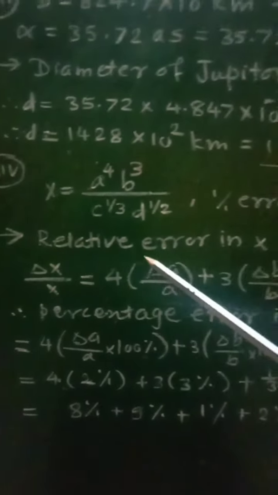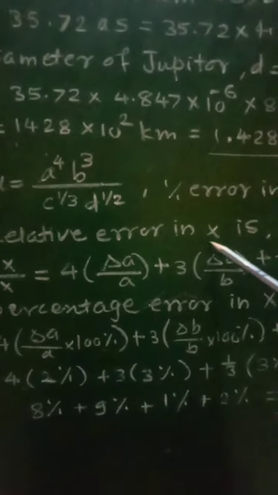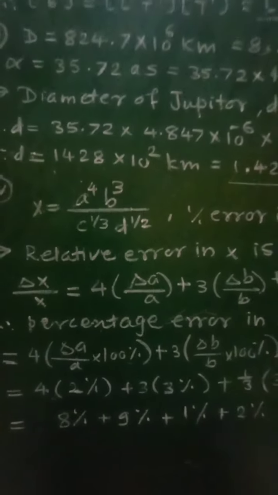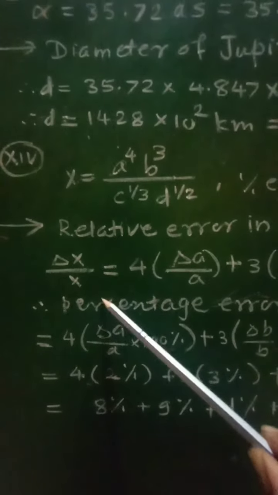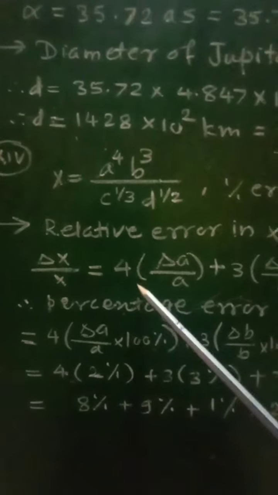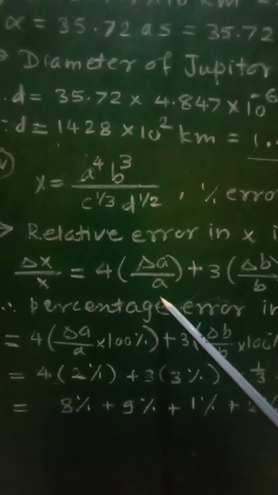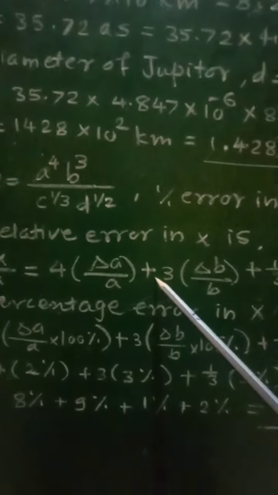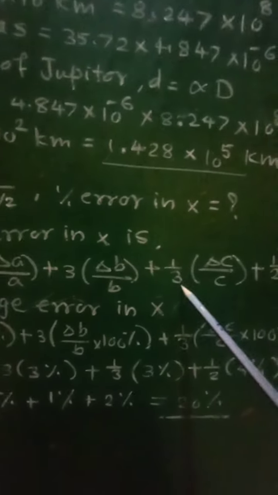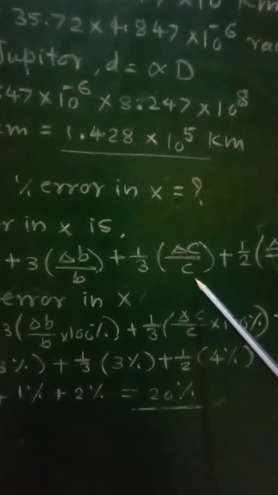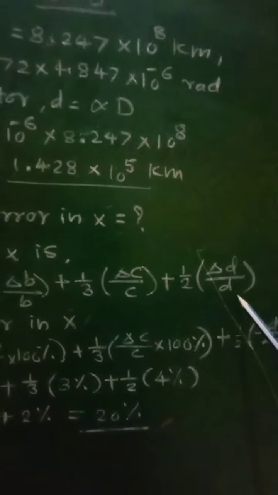We know that the relative error in x will be given by this relation: delta x upon x will be equal to 4 into delta a upon a plus 3 into delta b upon b plus 1/3 into delta c upon c plus half into delta d upon d.